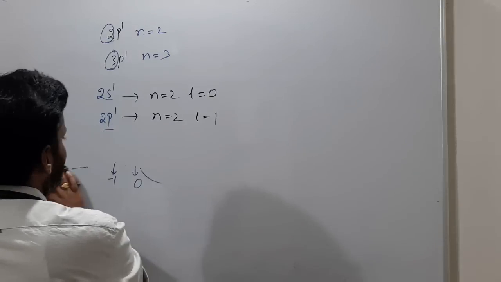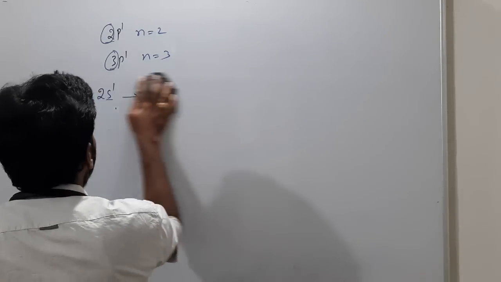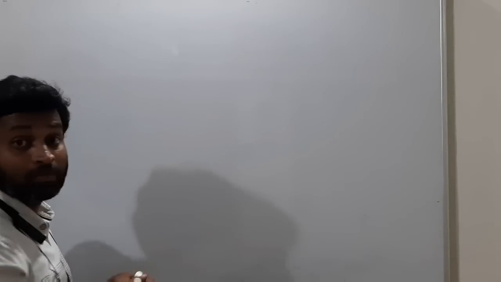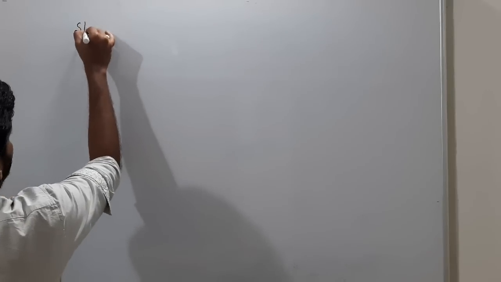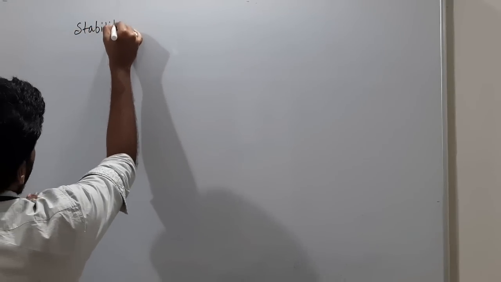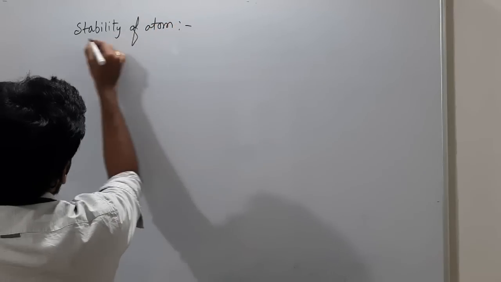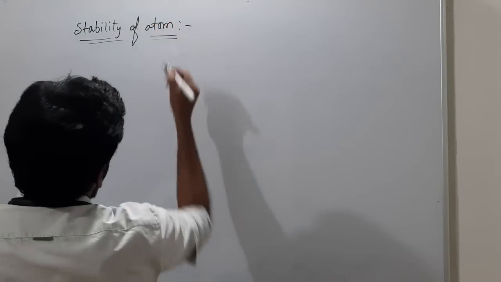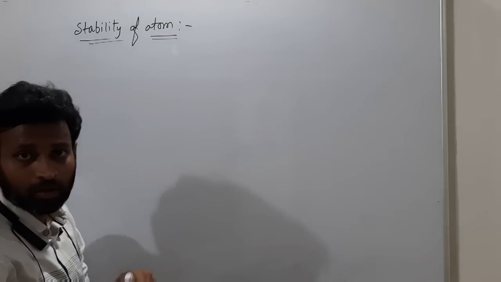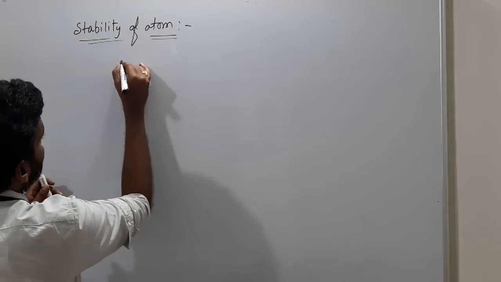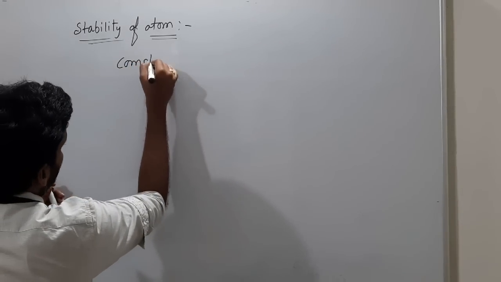How to decide the stability of an atom, I will tell you now. Which atom is more stable? Which atom is less stable? To decide, you must know a few configurations.